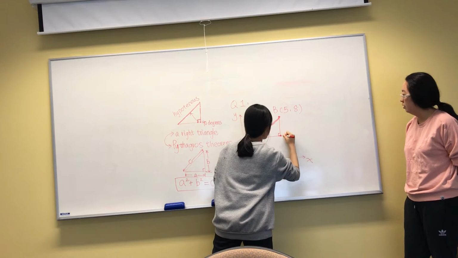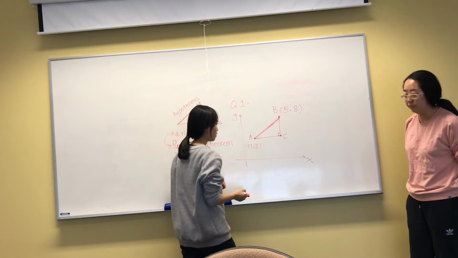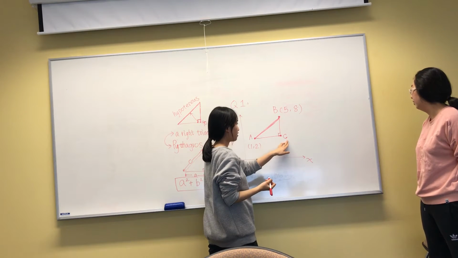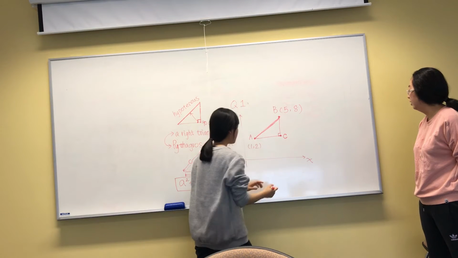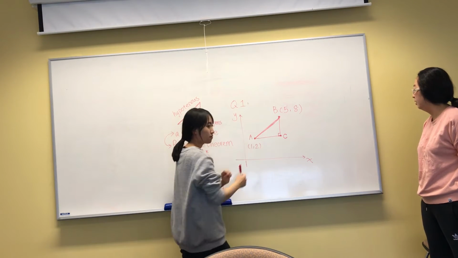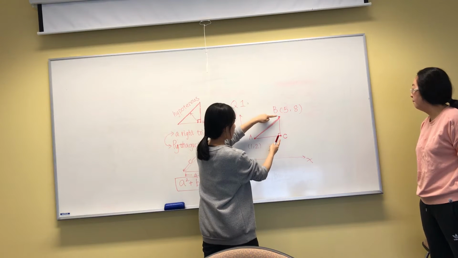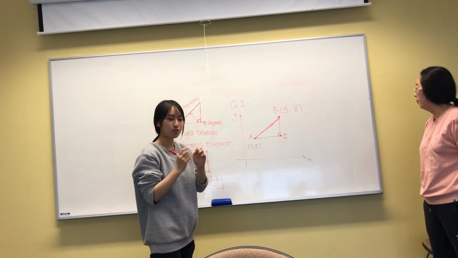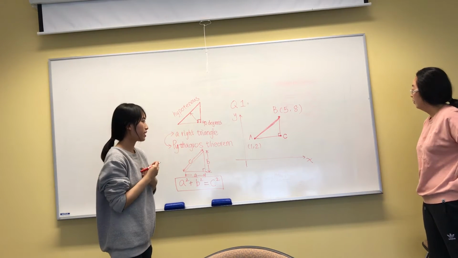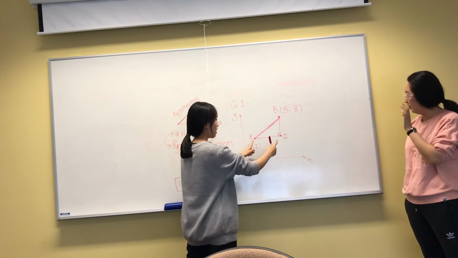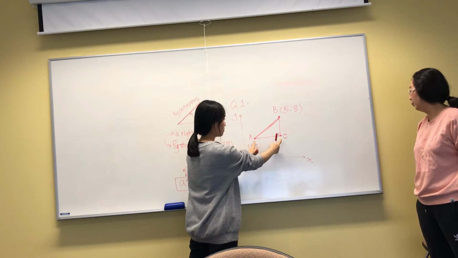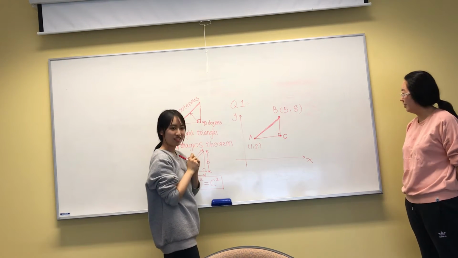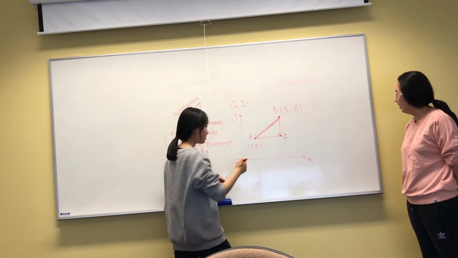Let's just say this point is C. So can you tell me the distance between A and C? This is easy, right? And can you tell me the distance between B and C? It's easy as well. So take a few seconds to see whether you can figure out the distance of this and this.